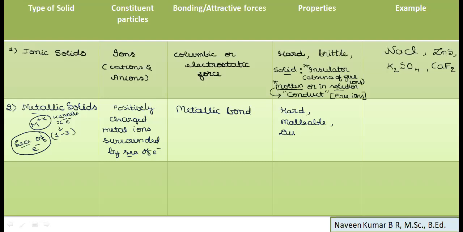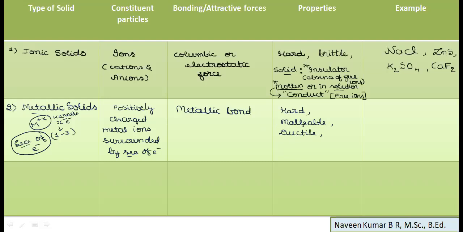All metallic solids are ductile, which means they can be drawn into thin wires. Malleability refers to making the metal solid into a thin sheet. Ductility is drawing the metallic solid into thin wires. That ability is exhibited by all metallic solids as they are malleable and ductile.